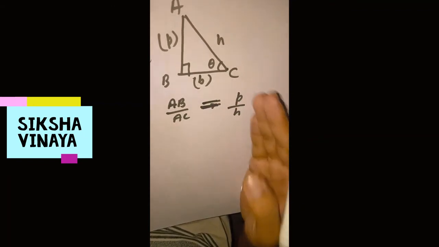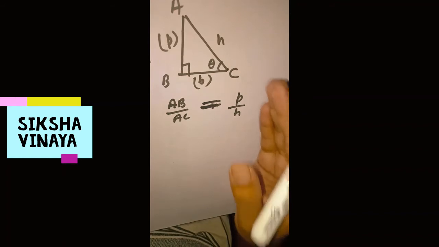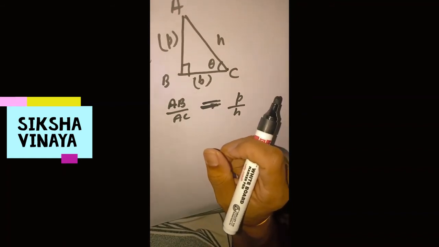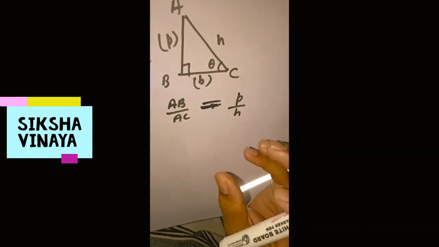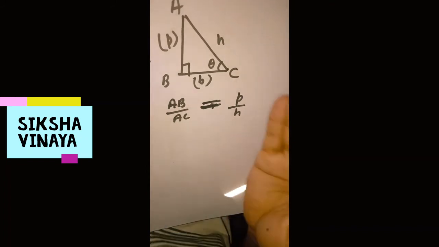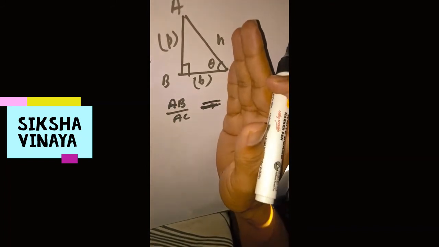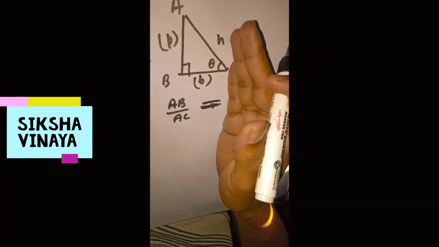But you are saying that it is P. It means you have to assign that you are viewing from theta. If you say only AB by AC, it doesn't need any explanation.